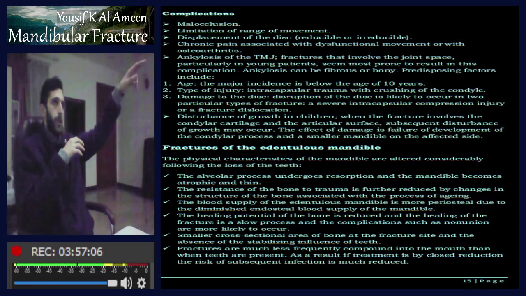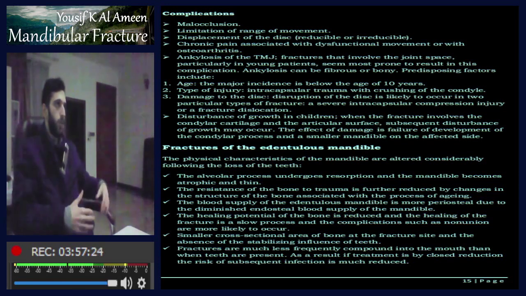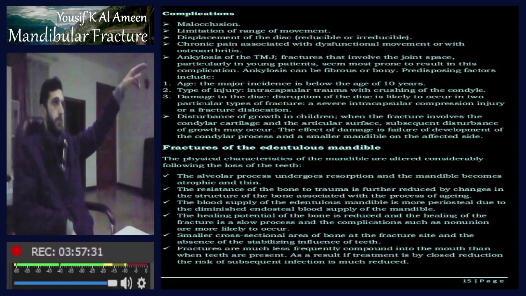Then we have chronic pain associated with dysfunctional movement, or with osteoarthritis. Ankylosis of the TMJ: features that involve the joint space, particularly in young patients, seem most prone to result in this complication.